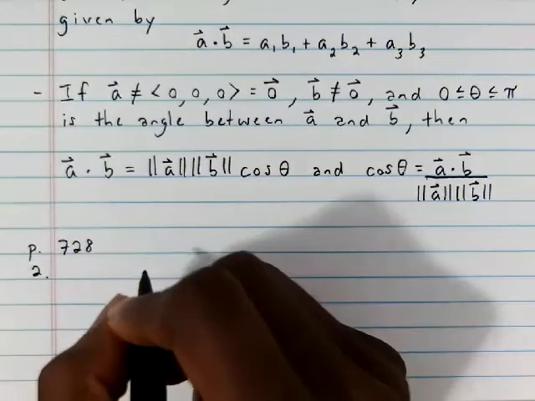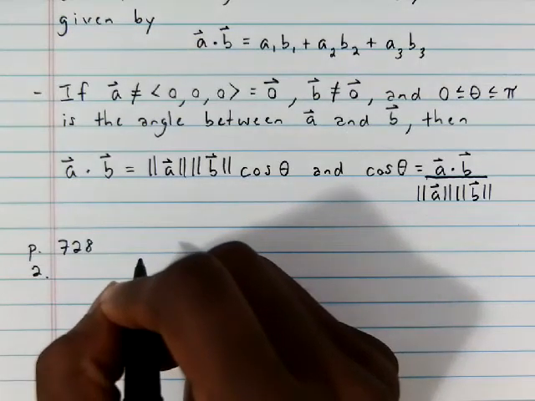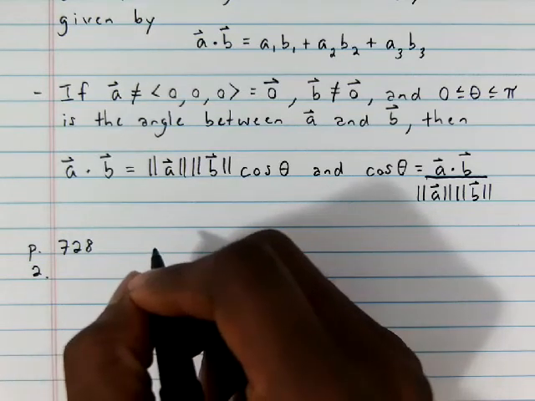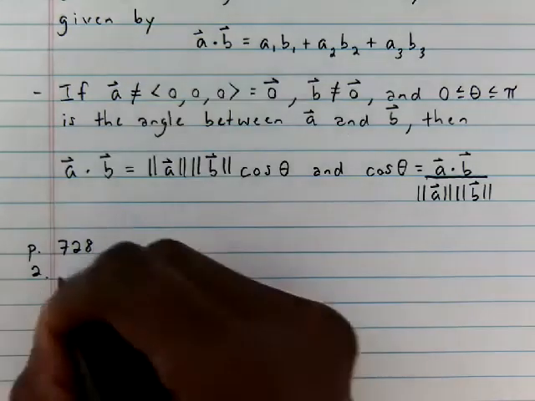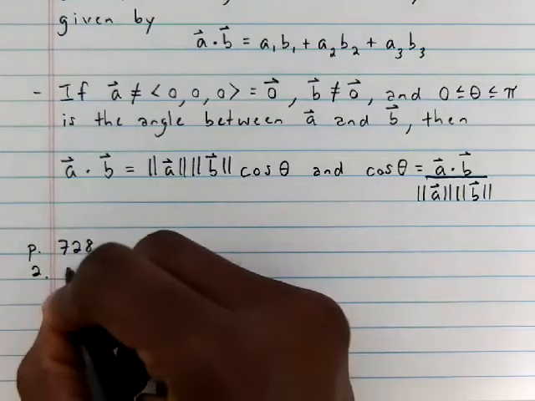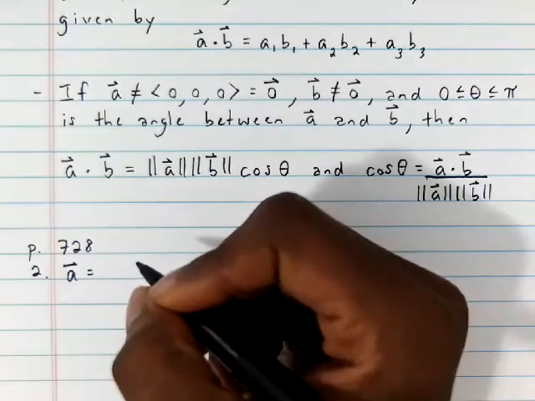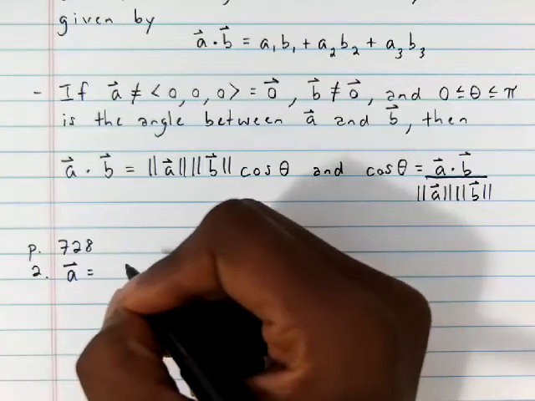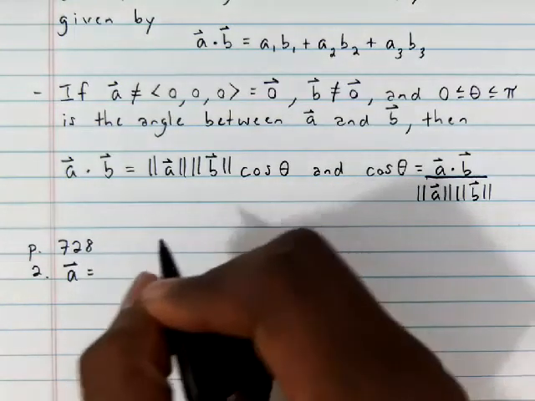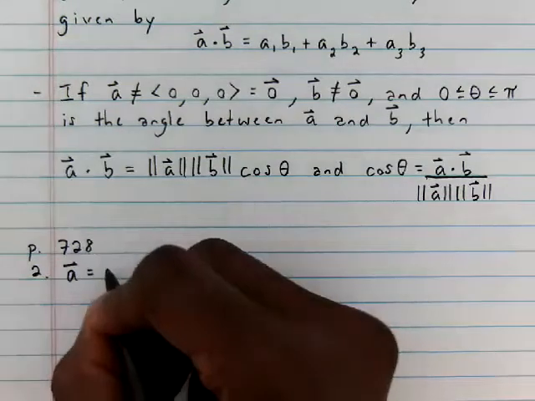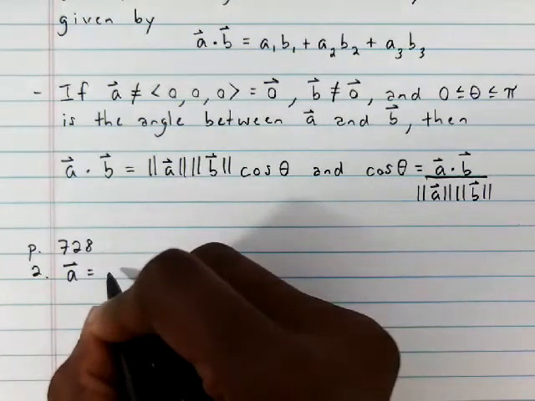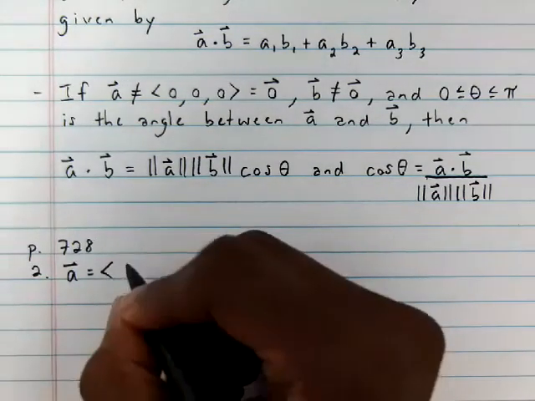In exercises 1 through 4, find A dot B and the cosine of the angle theta between A and B. So they give us 2 vectors. I will try to remember to write the vectors in a different way in the notes than they're written in the textbook, just so that you can see both ways to write them. They use the IJK notation in the textbook. I'll use the pointed brackets here.